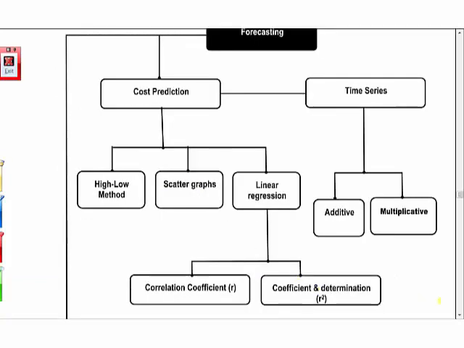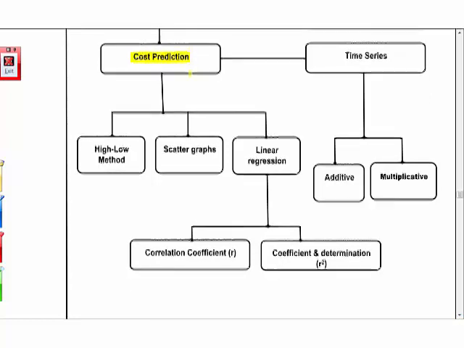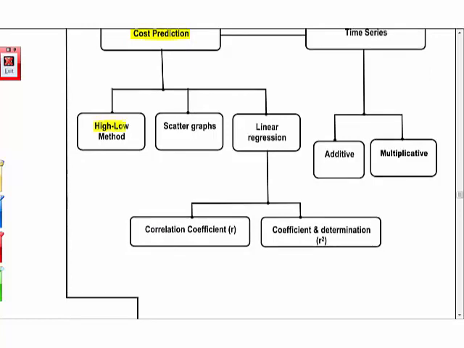You can see from the overview diagram that we've got a lot of techniques to cover. So if we're looking at predicting our costs, we're going to be using the high-low method as a way of splitting the costs into fixed and variable elements, using scatter graphs and also linear regression calculations.